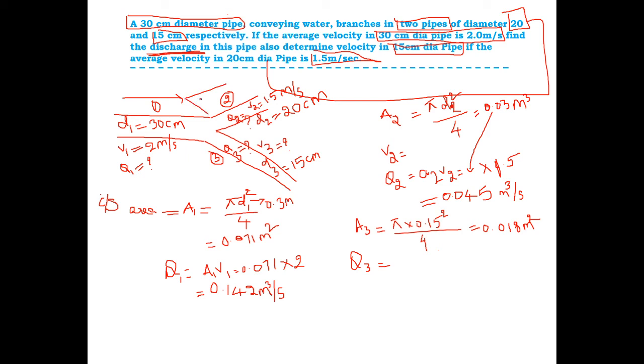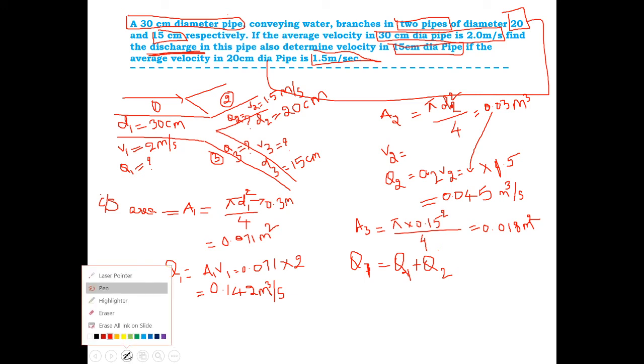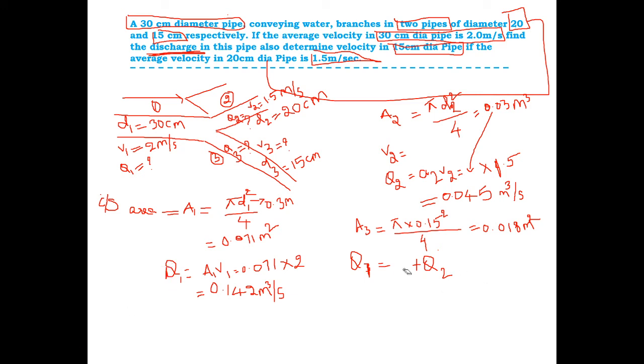So the sum of pipe 2 and pipe 3 is equal to pipe 1. Clear? Q1 equal to Q2 plus Q3.